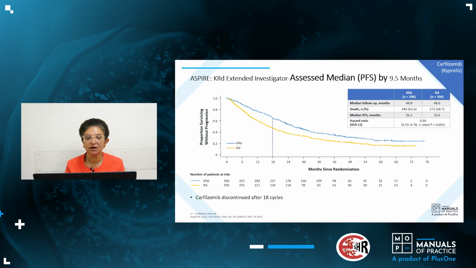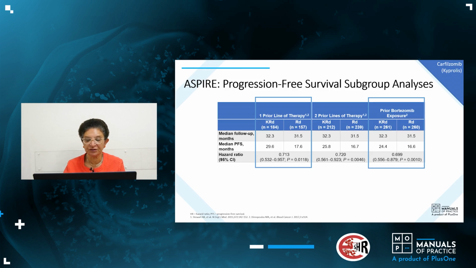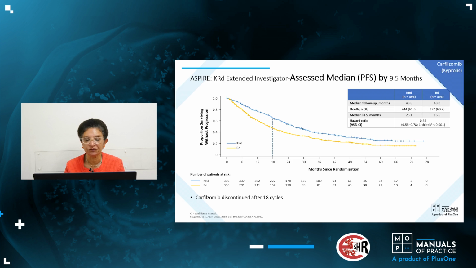As you can see, KRD had a higher progression-free survival in blue versus RD alone in yellow. And this was very nice results. I have to point out that carfilzomib was discontinued after 18 cycles. And probably, as we now know, carfilzomib could have been added and continued for longer. I have to point out that this was statistically significant, better progression-free survival with the addition of Kyprolis versus RD alone.